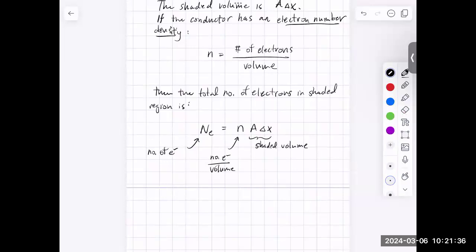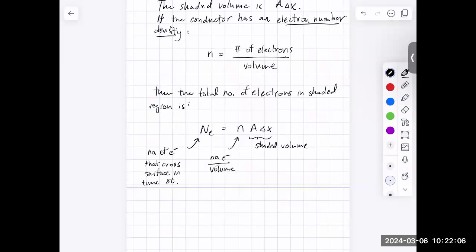Okay, so now we have an expression for the number of electrons that are going to cross our surface in time delta T. What we really want is the amount of charge that crosses our surface.